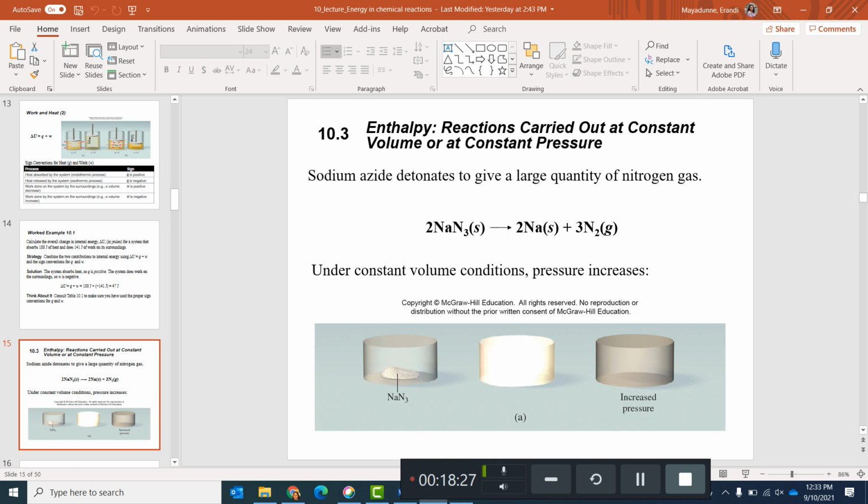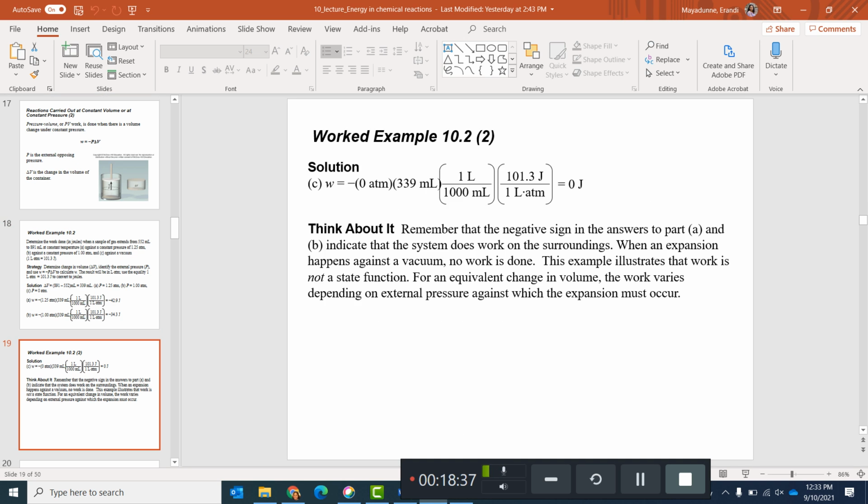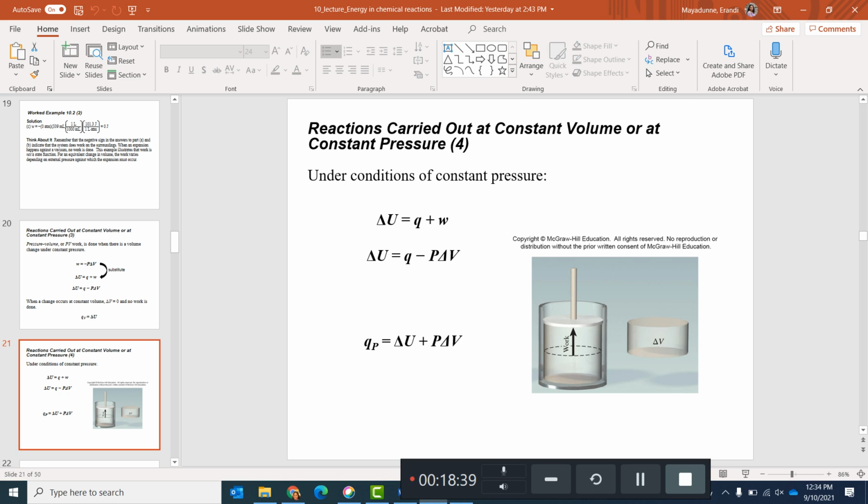It's the heat carried out at constant pressure or constant volume. If you go here, you see internal energy equals Q plus W, so you substitute the W with negative P delta V.